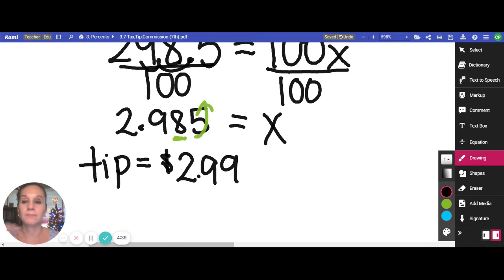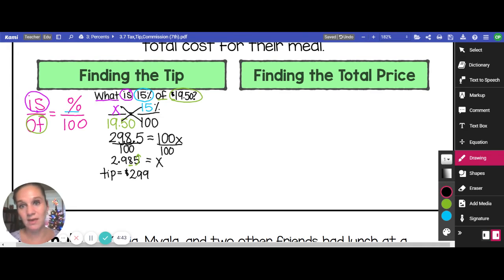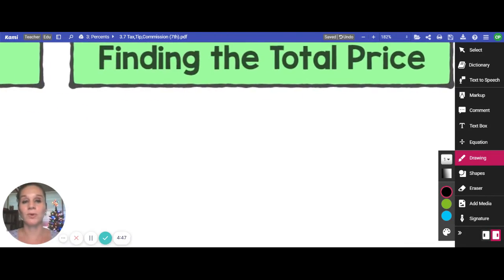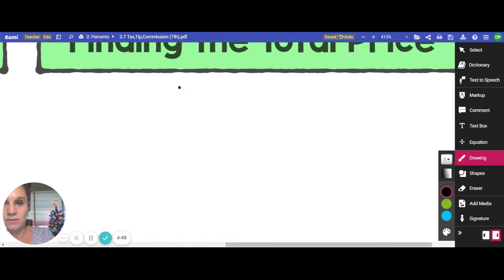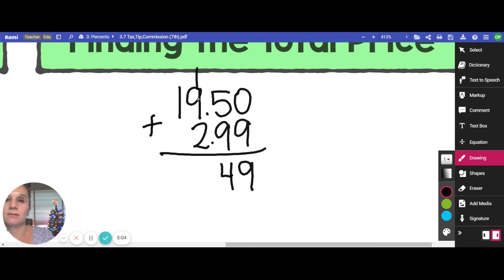But so we're going to give the server a tip, but we still have to also pay for the $19.50 meal. So to find the total price, we're going to take the $19.50 meal and add to that the tip.